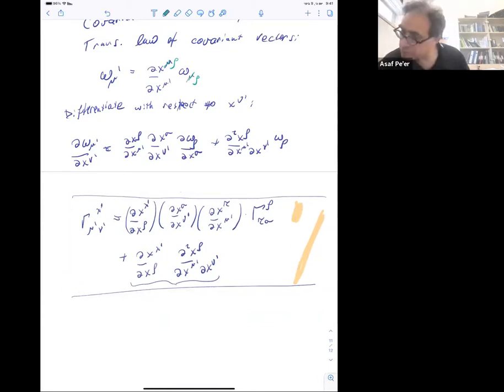So use that and multiply that by omega lambda prime.